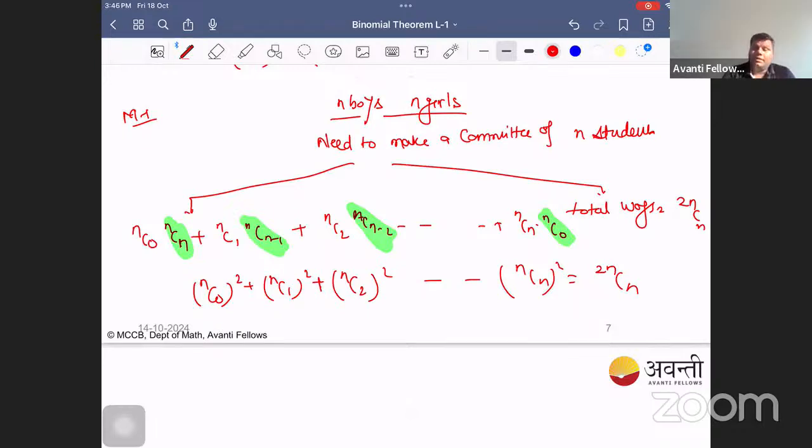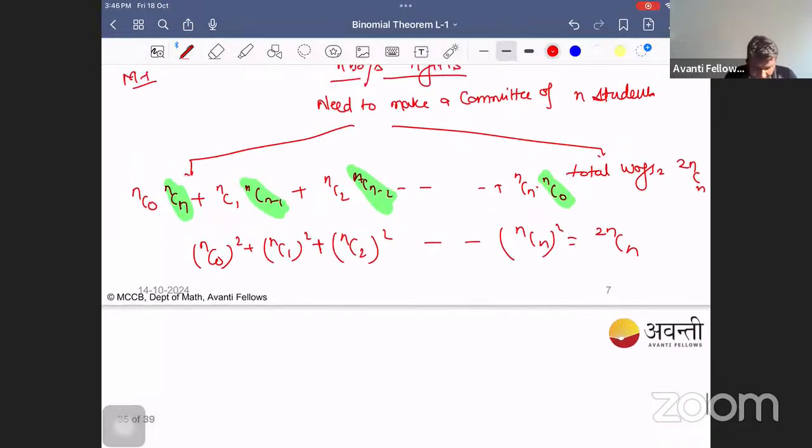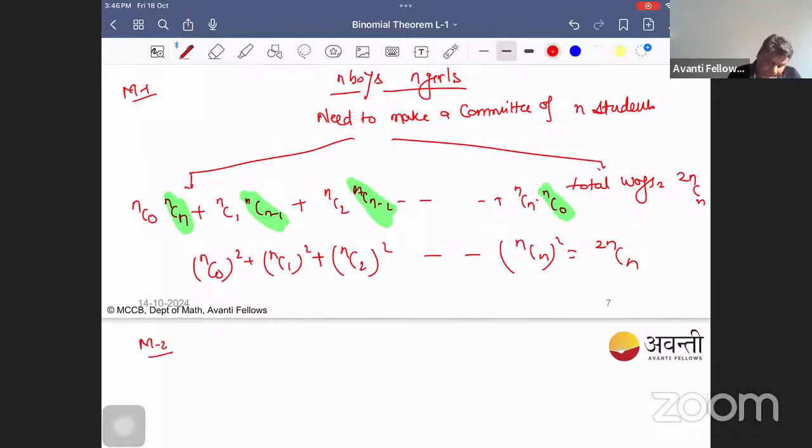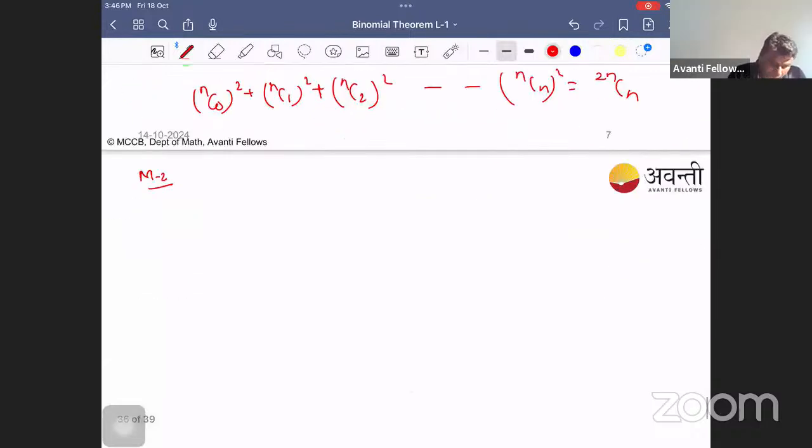Done. Now see method 2. (1 plus x) to the power n is what? This is nC0 plus nC1 x plus nC2 x square and so on, nCn x to the power n.